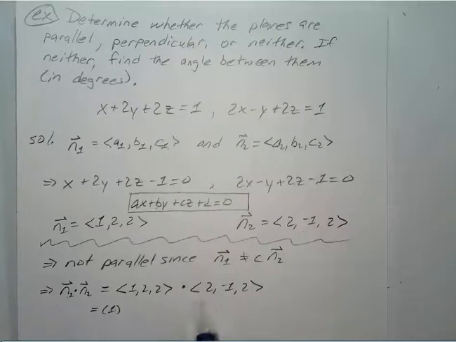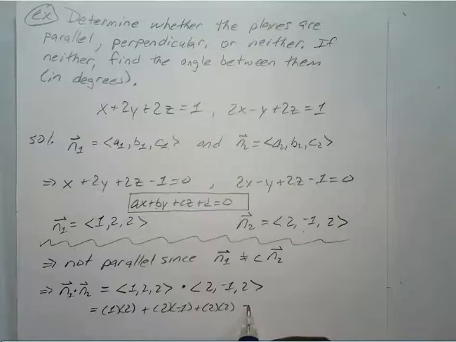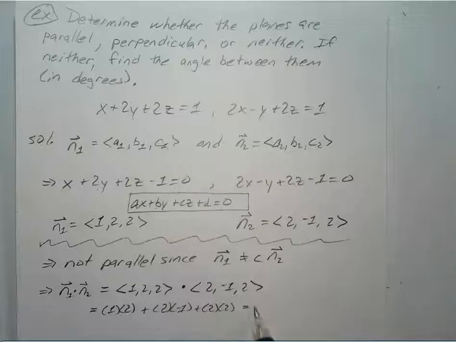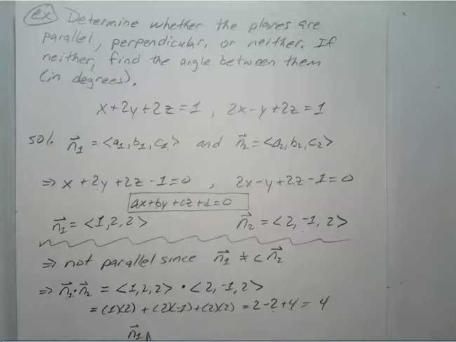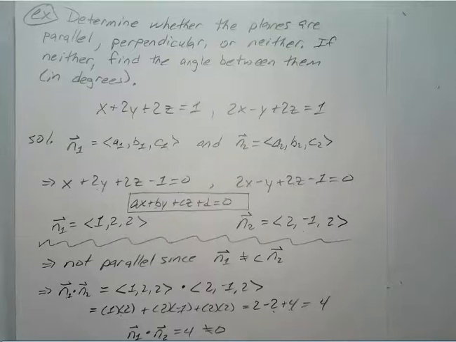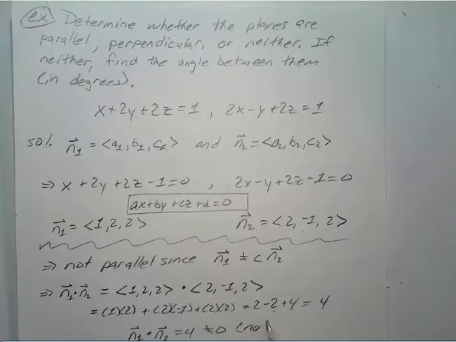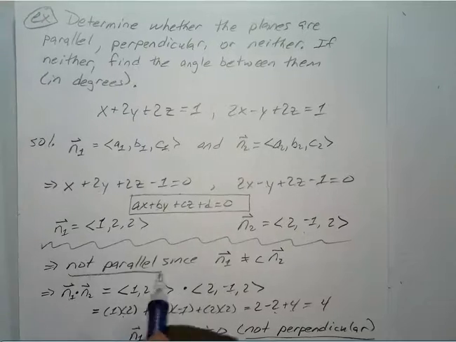So we have 1 times 2 plus 2 times negative 1 plus 2 times 2, which is 2 plus negative 2 plus 4. That's 2 minus 2 plus 4, which is 4. So the dot product of the first and second normal vectors equals 4, which does not equal 0. If it doesn't equal 0, then we know it's not perpendicular. So it's not perpendicular and it's not parallel.